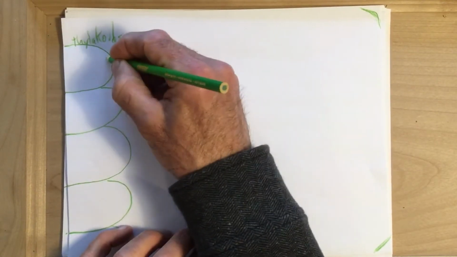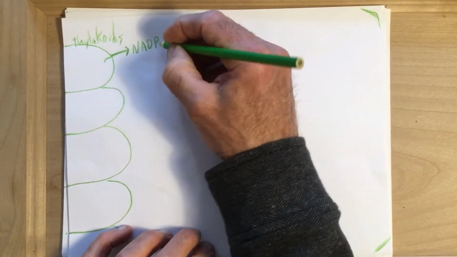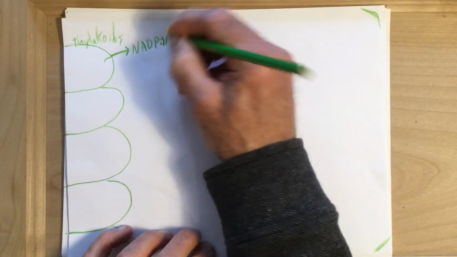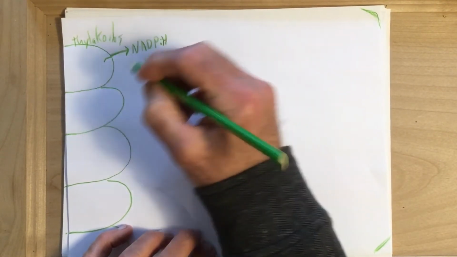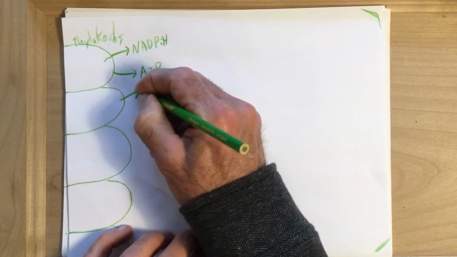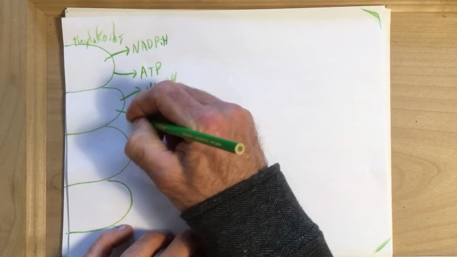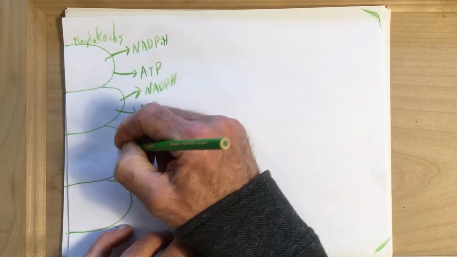But remember, from inside the thylakoid, I'm getting NADPH, those are the two hydrogen electrons, right? And ATP. So each one of these thylakoids is spitting out NADPH and ATP. So on and on and on.